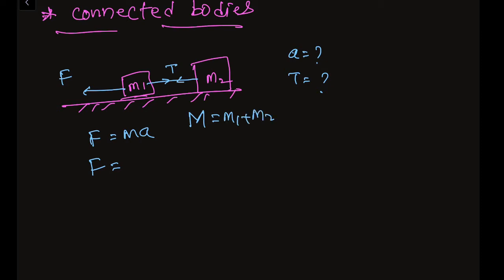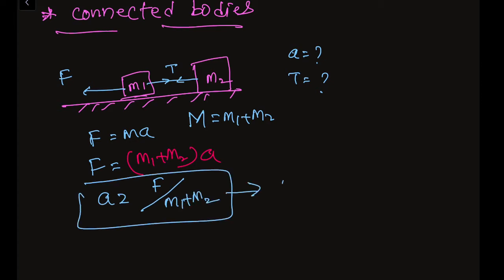So F is equal to (m1 plus m2) into a, so a is equal to F divided by (m1 plus m2). Equation 1 gives the acceleration.